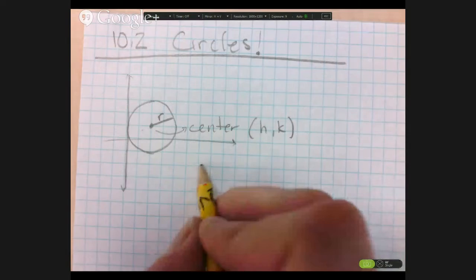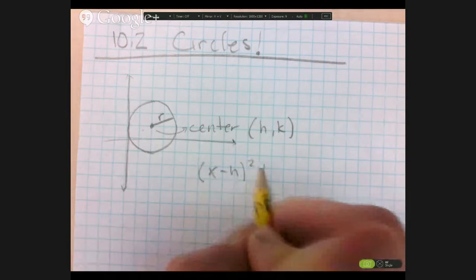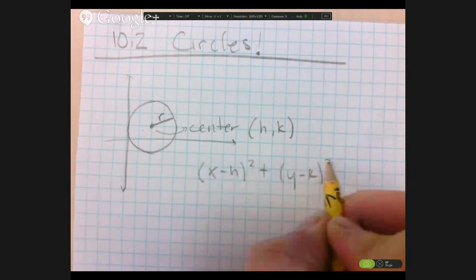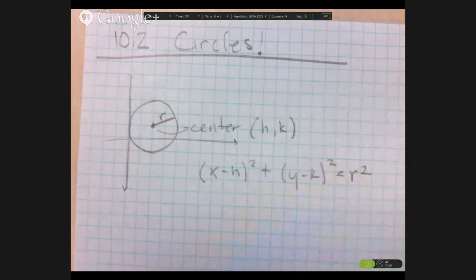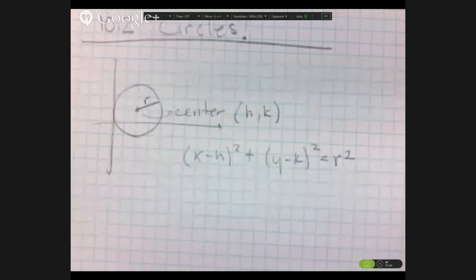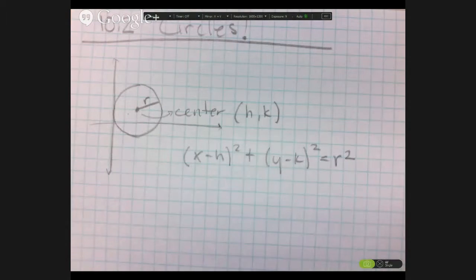The equation is that there. Good. All right, so what is the center of this circle we're on?